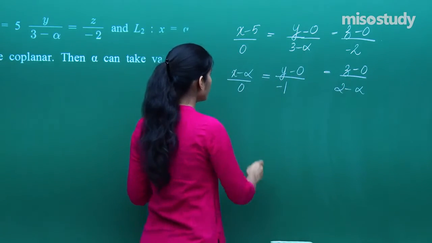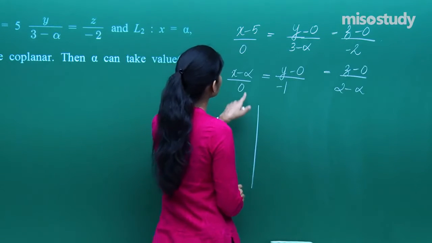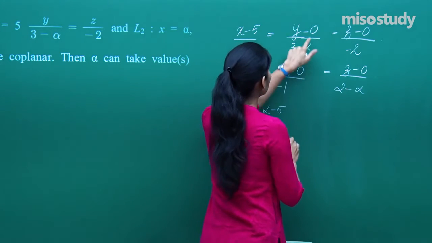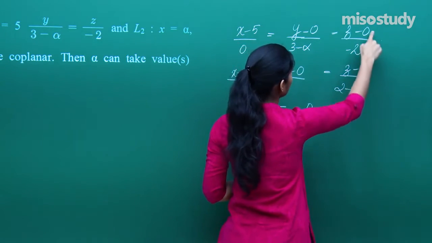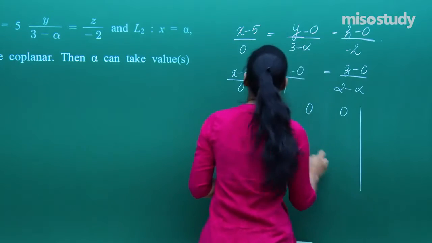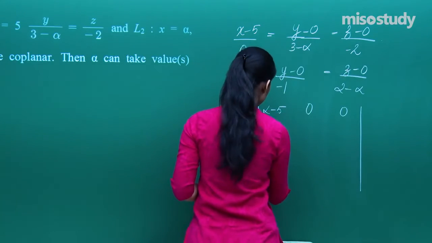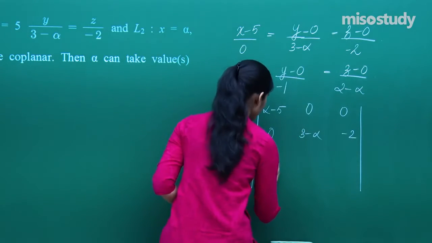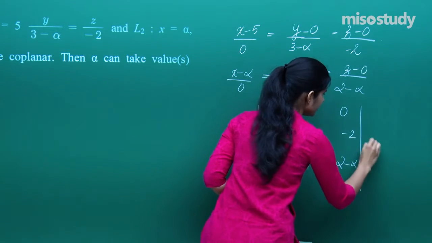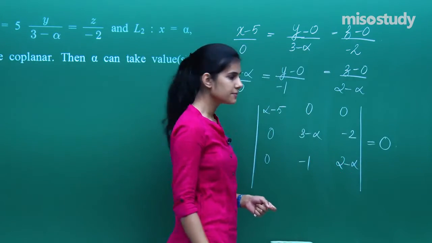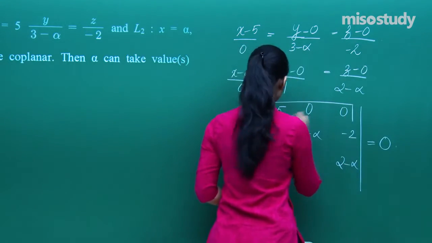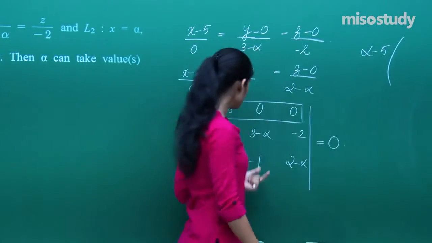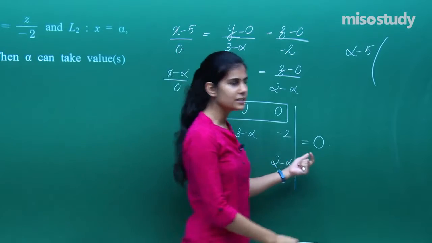Now, if these two lines are coplanar, this simply means the determinant with rows (alpha minus 5, 0 minus 0, 0 minus 0), then (0, 3 minus alpha, minus 2), and (0, minus 1, 2 minus alpha) is 0. We know this. So, if you expand along the first row, what do you get? You get (alpha minus 5) times ((3 minus alpha)(2 minus alpha) minus 2).